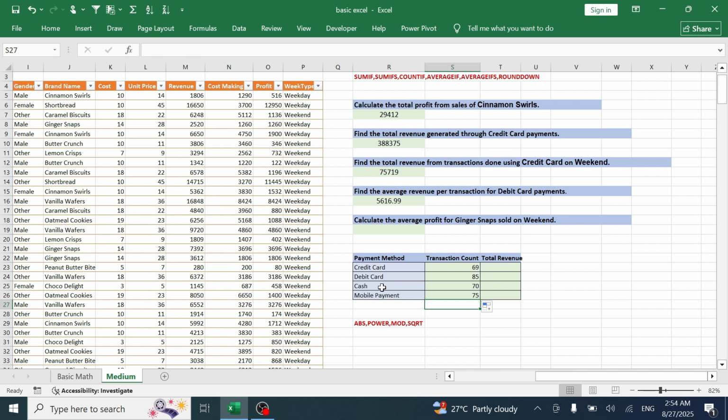Total transactions done by cash is 70. So now we need to calculate total revenue generated by each payment method. So we need to use SUMIF here.